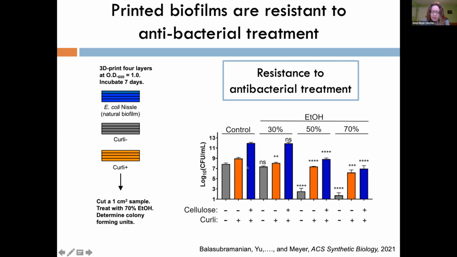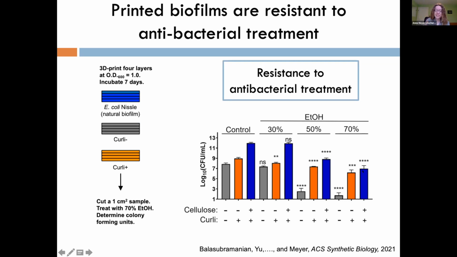We see that they survive pretty well when there's no ethanol, right? But going from left to right, as there's more and more ethanol, look at the gray, the unengineered bacteria, it doesn't survive very well in the higher ethanol concentrations. In blue, the native biofilm species survives quite well compared to gray.